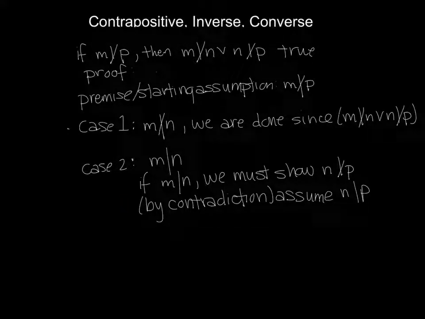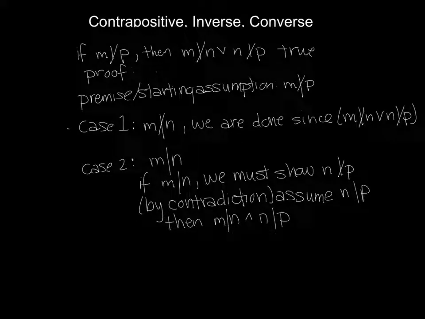Usually, I do a proof by contradiction when I find I cannot prove it in the straightforward manner. So I did try to do a proof for this, just to straightforwardly show that n did not divide p, but I was having difficulty. So I decided, well, let's try a proof by contradiction and assume that n divides p.